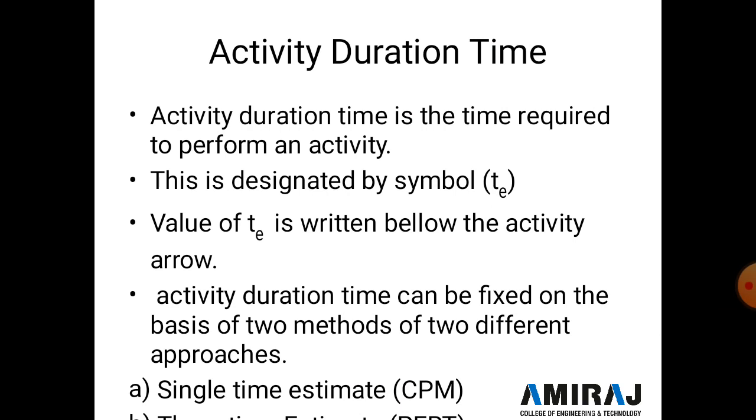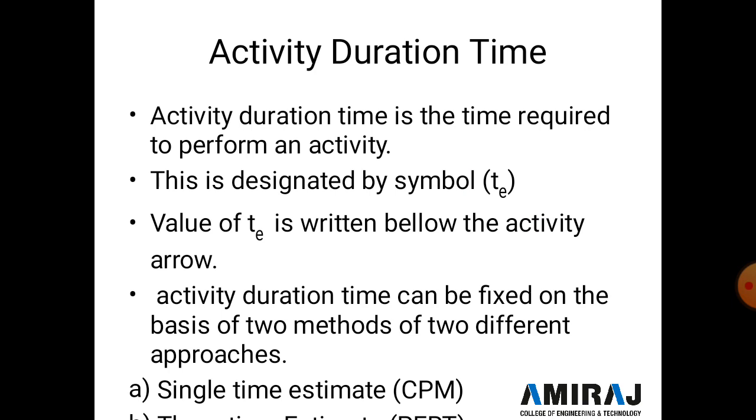So these 4 days show the activity duration time. It's denoted by the symbol TE. So what is TE? TE is the activity time, and the value TE is written below the activity arrow.